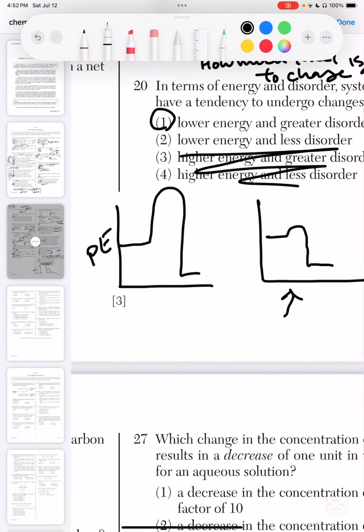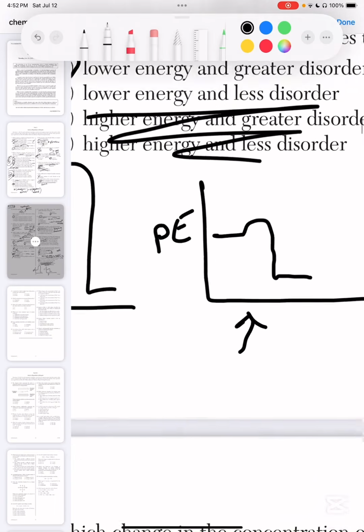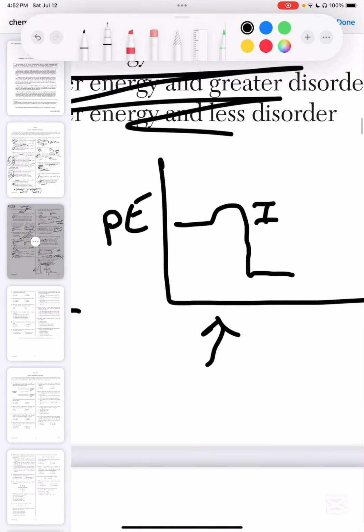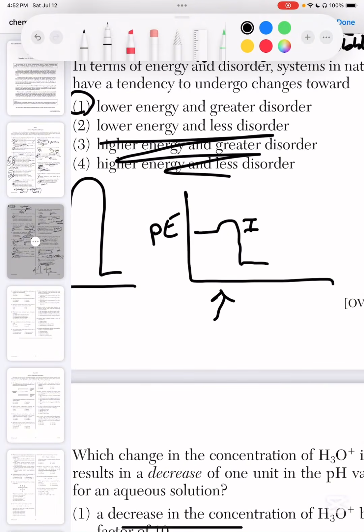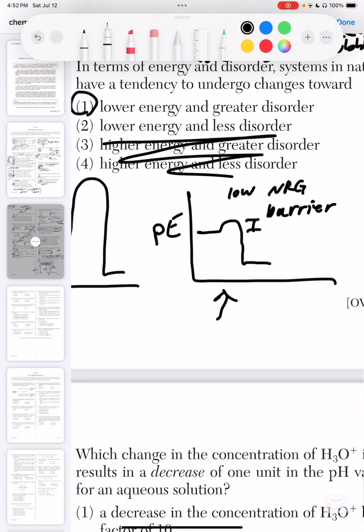Probably this one, right? Because look, the activation energy is very little, so it only needs to overcome a very low energy barrier in order for the reaction to happen.